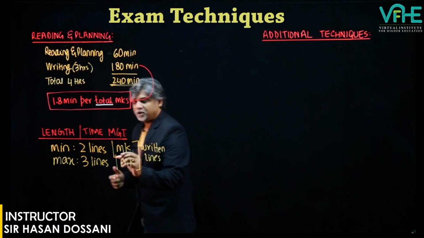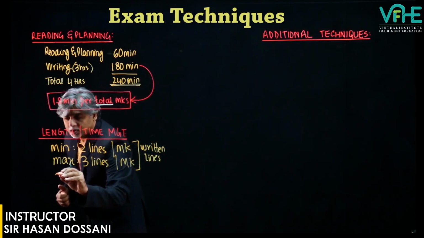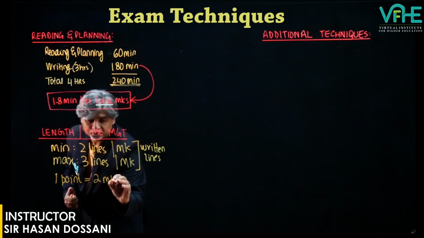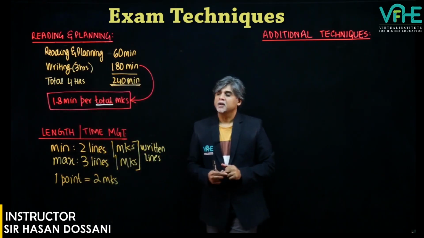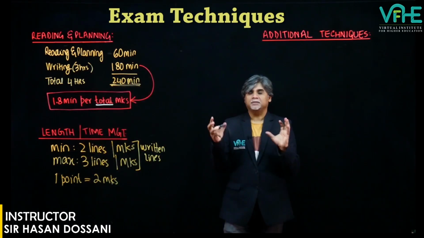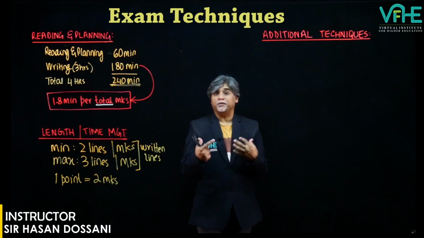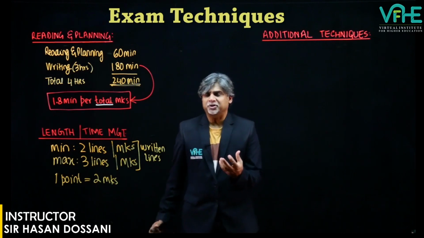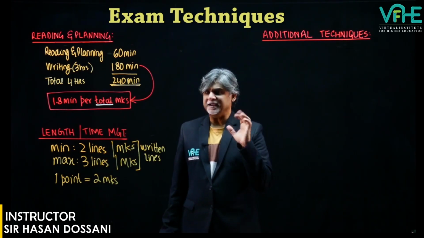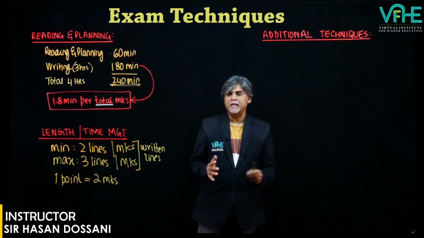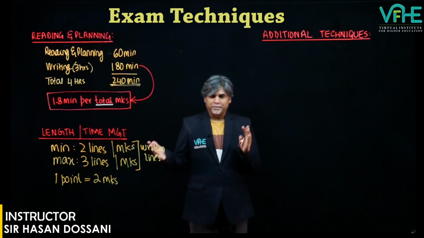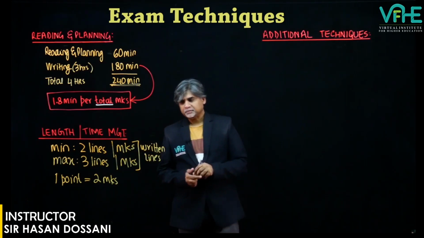So the normal rule is: 1 point carries 2 marks. So in case the question is of 10 marks, how many points are you supposed to write? Maximum 5 points. Okay. So 1 point, 2 marks.